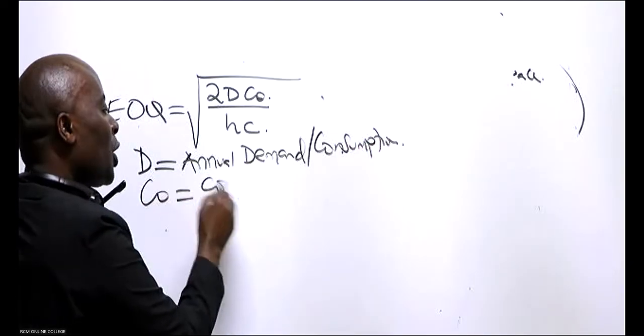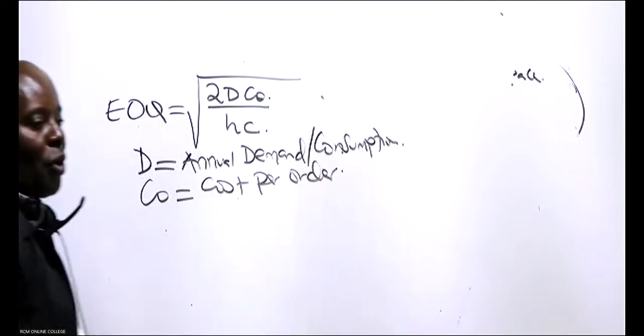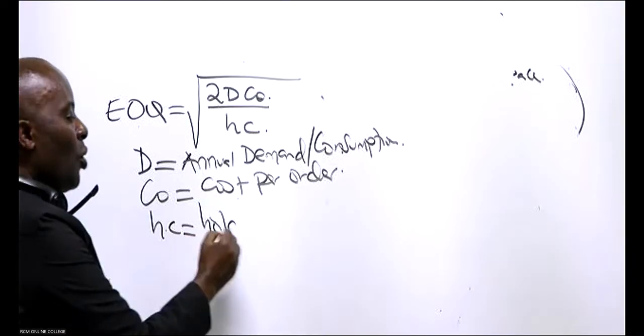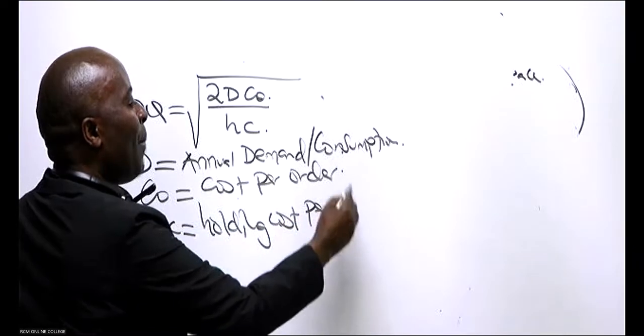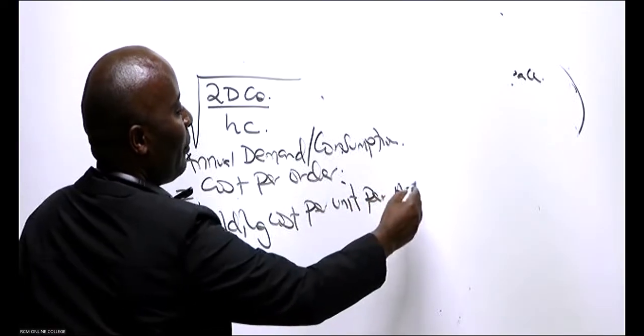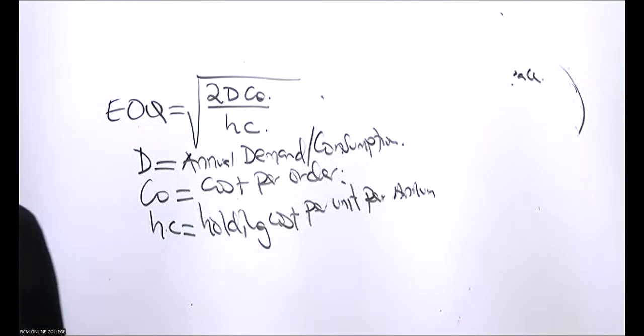CO is cost per who? Per order. CO is cost per order. And then we have HC, which is a holding cost per who? Per annum. So it is per unit and then per what, year? Per annum.